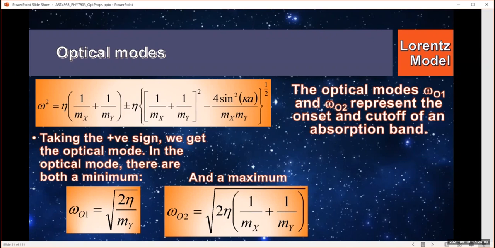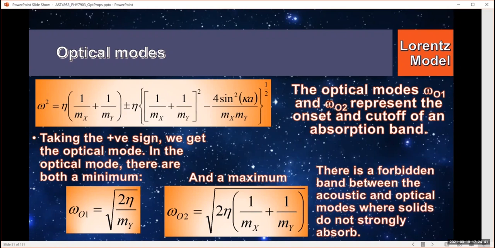And now by just following through on that, what we get is that we have an onset and cutoff for an absorption band. That is, this is the range within which there will be an absorption for a given material. So it depends on the spring constant, which obviously depends on the material itself, and on the masses of the pieces that make up the material.